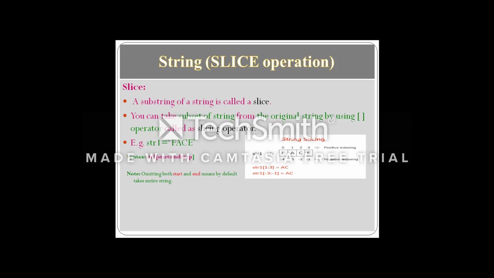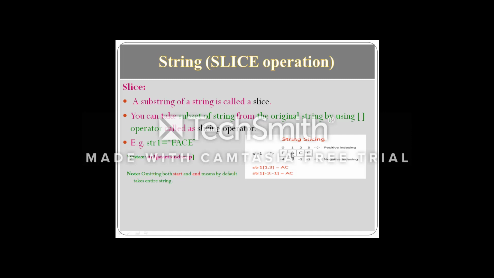For example, see here, str1 is a string variable, and in that variable we are storing the 4 characters FACE. If you store this FACE in str1, the first character F will be stored at index value 0.